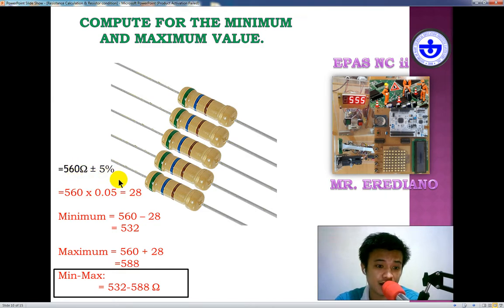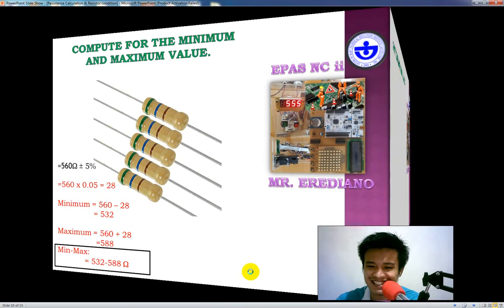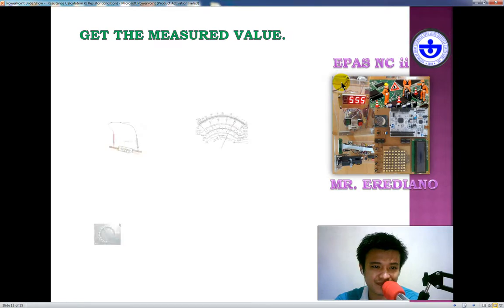As I repeat, get the percentage value in here, this is equal to 28, then you are going to subtract from this value and add this value. To subtract is to get the minimum. To add is to get the maximum. So again, you have to write the minimum and maximum this way for us to have the same answer. Okay, I hope that is clear.